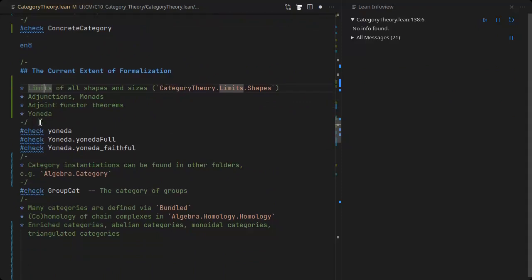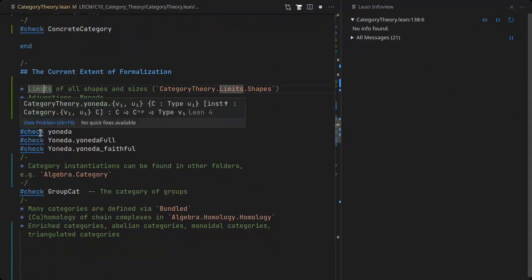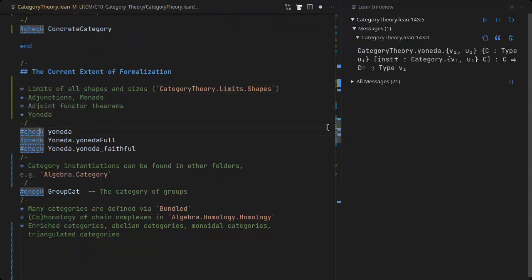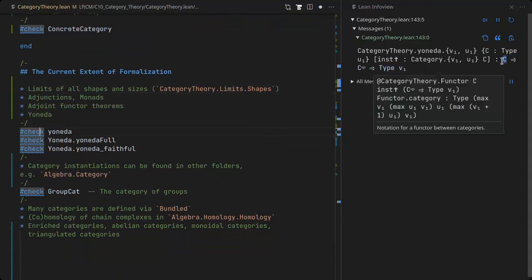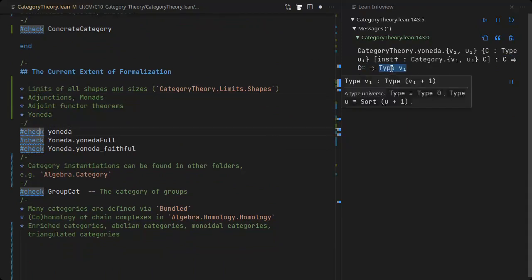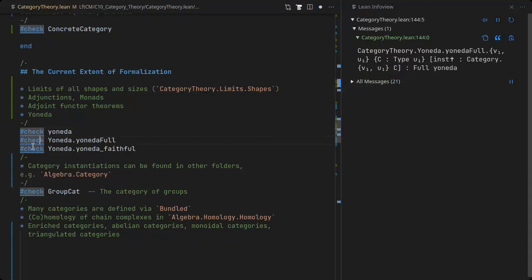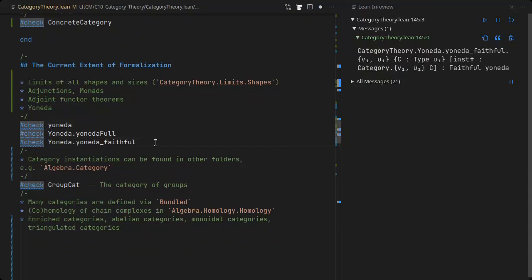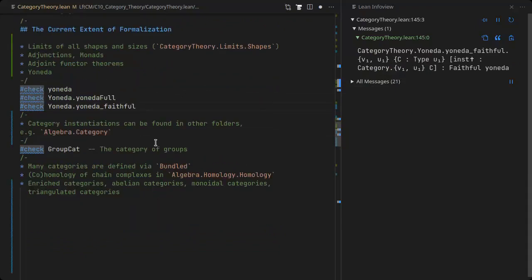We have the Yoneda embedding and the Yoneda lemma. The Yoneda embedding is a functor from C to C op to Type. We have the proof that it's full, and we have the proof that it's faithful.